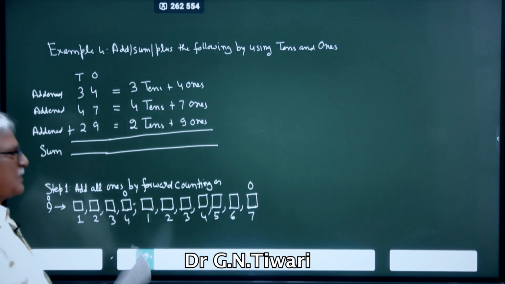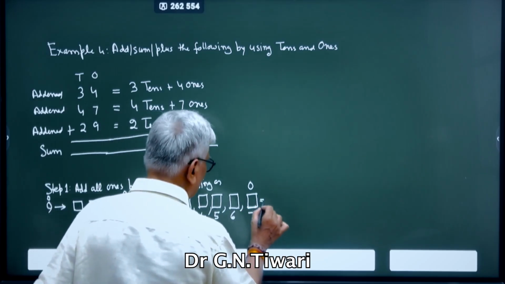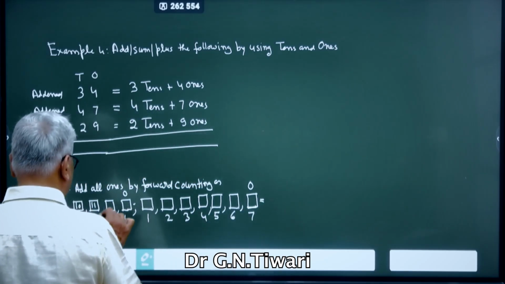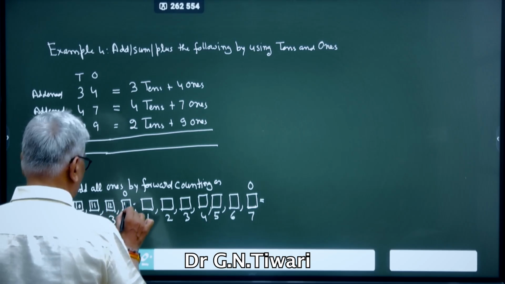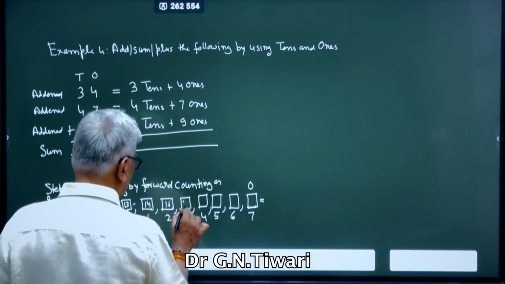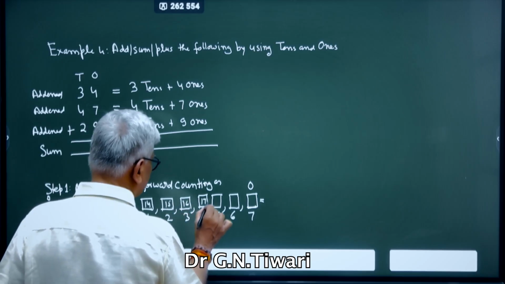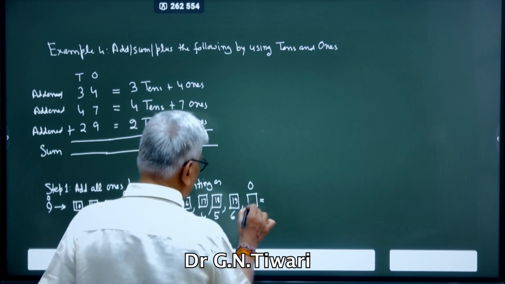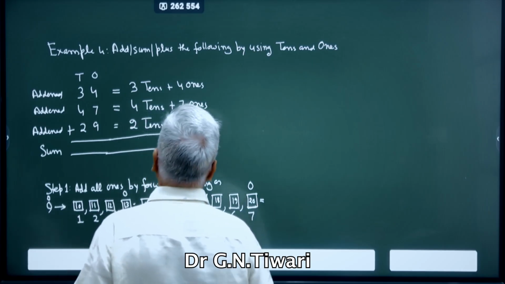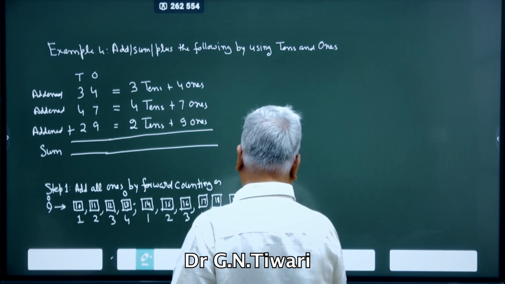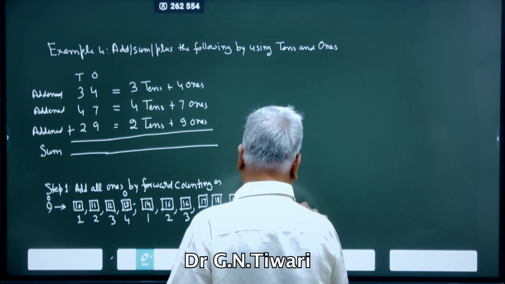Now you just count forward. 10, 11, 12, 13, 14, 15, 16, 17, 18, 19, and 20. That means this is the 20 ones.